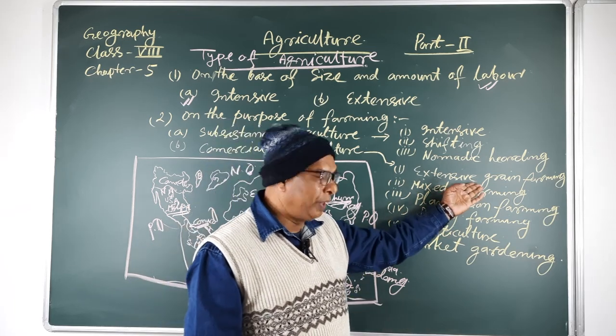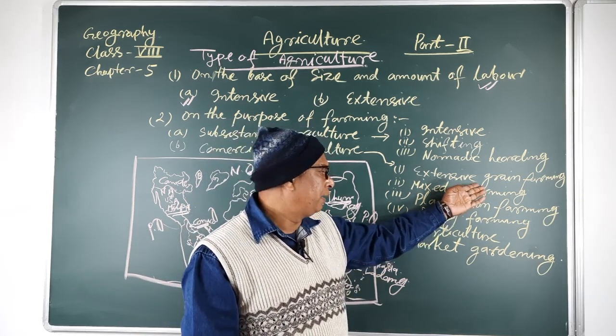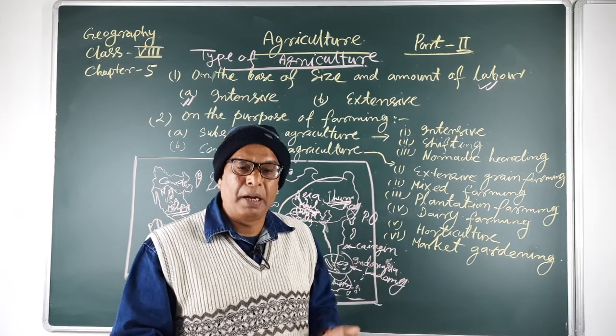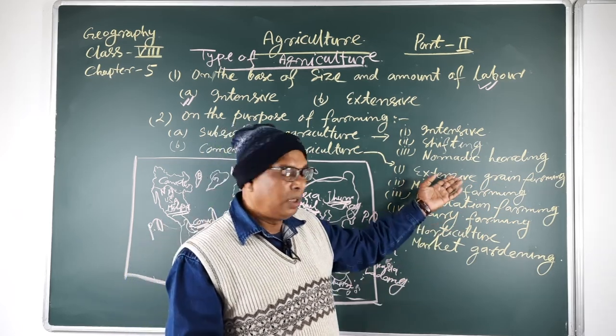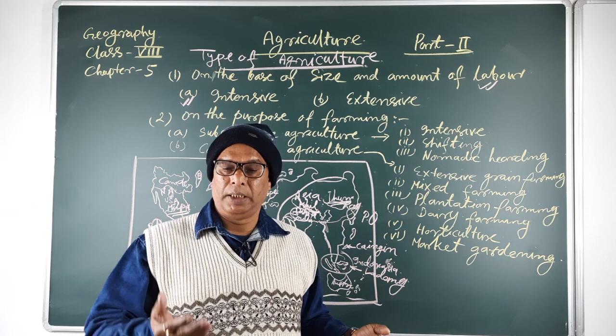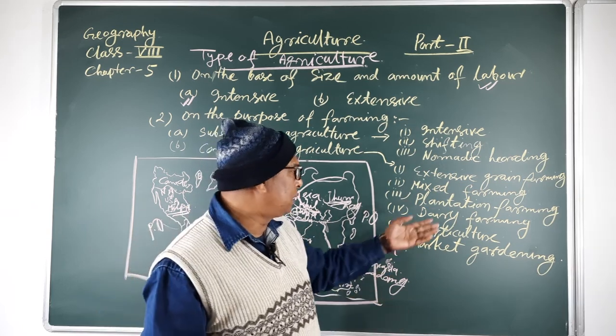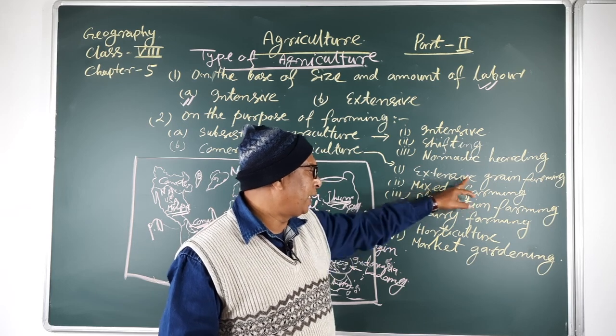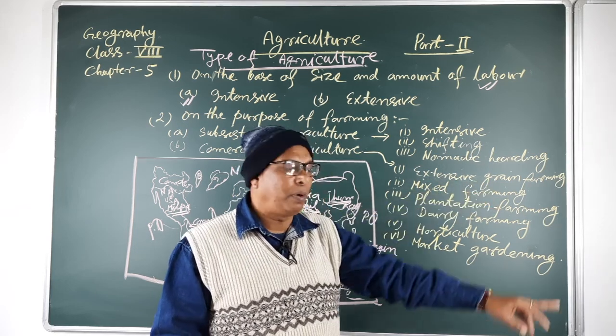Under this farming, wheat, sugar cane, beverage crops, and fiber crops are produced for the development of agro-based industries. These types of agricultural farming are known as extensive grain farming.